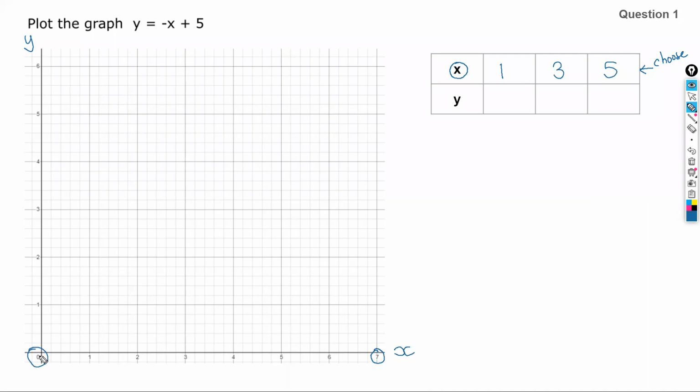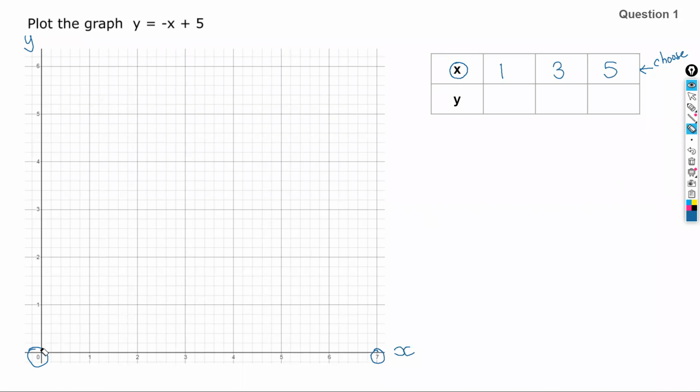Sometimes you choose values between 0 and 7, like what's on the X-axis, and later on in the question, it turns out to be a bad value. That will happen every once in a while. If you happen to choose a bad value, just erase it and choose a different value. Okay, so great. I'm choosing 1, 3, and 5 because I know 1, 3, and 5 can fit on my graph paper.